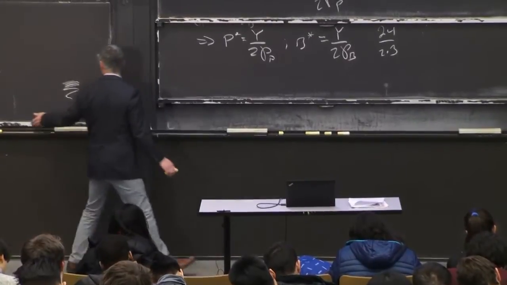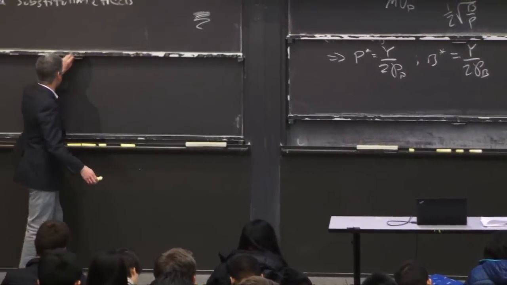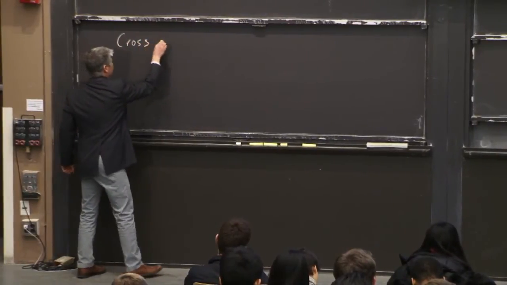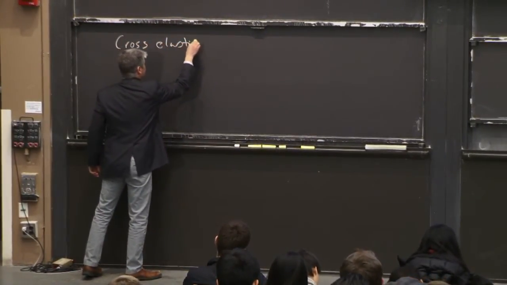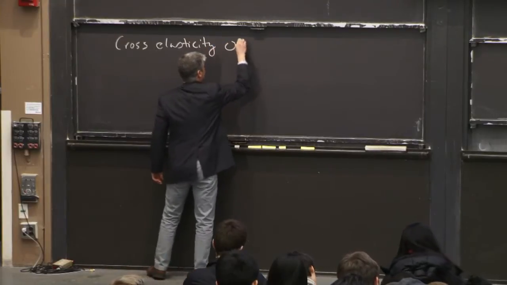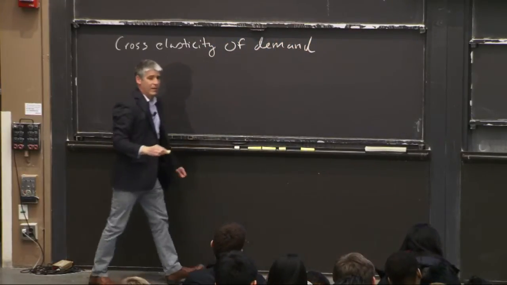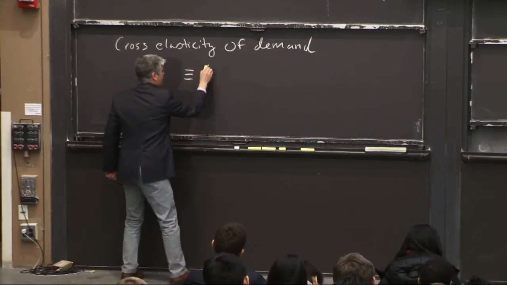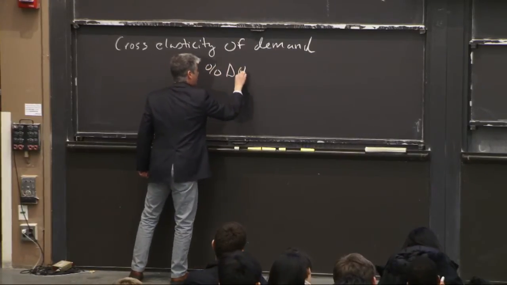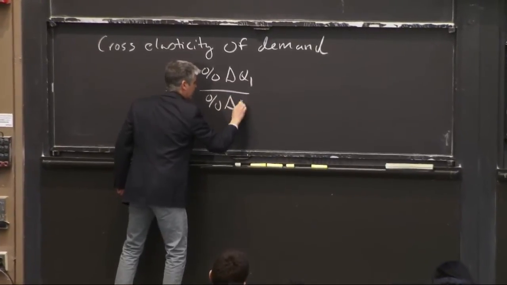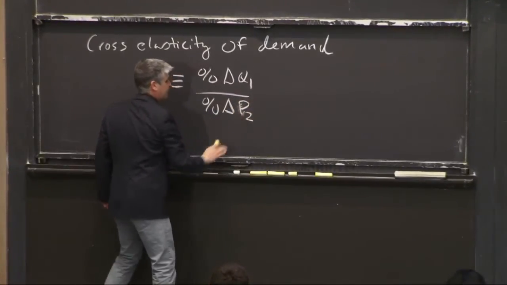So the cross elasticity of demand is defined to be the percentage change in the quantity of one good divided by the percentage change in the price of a second good.